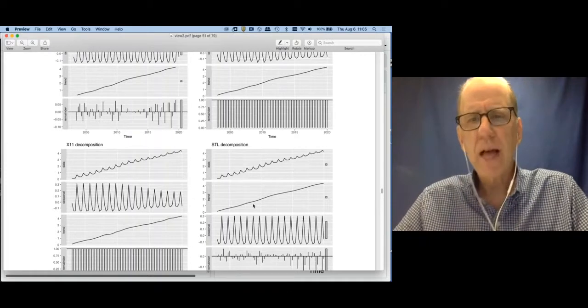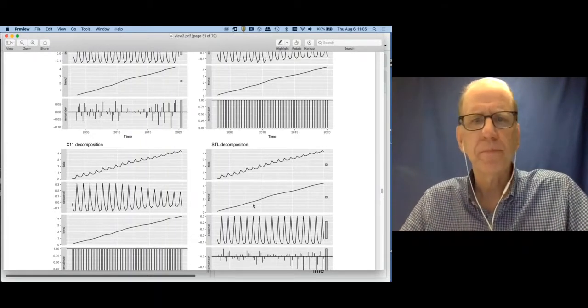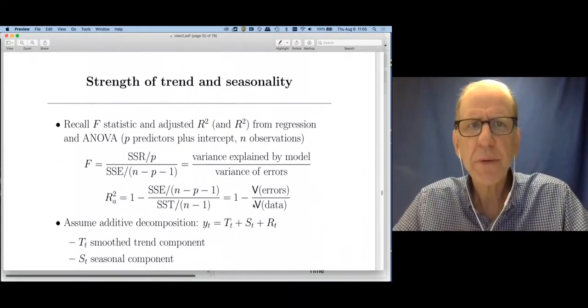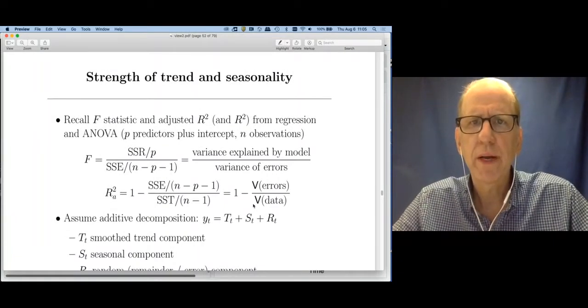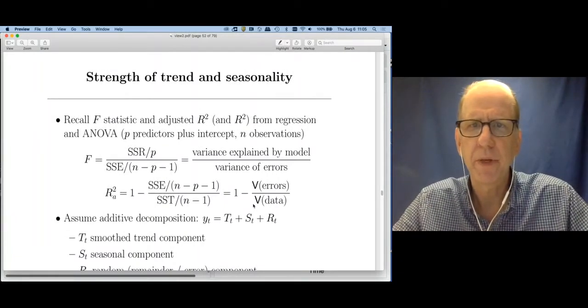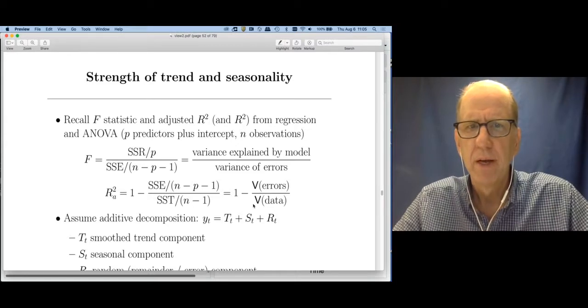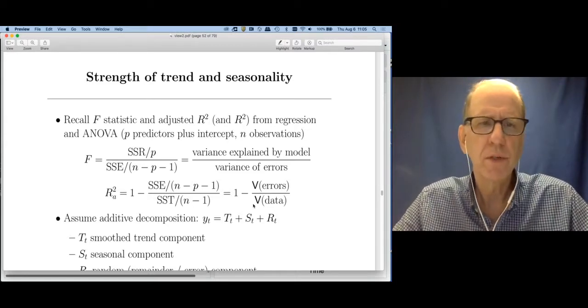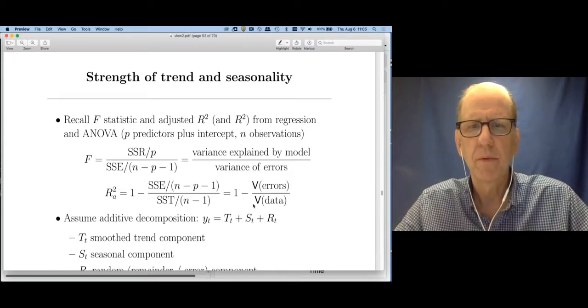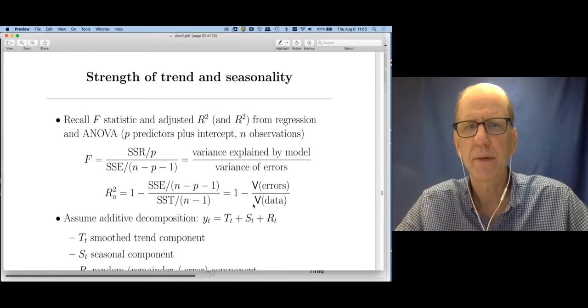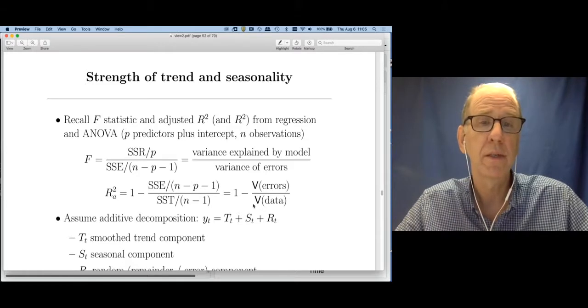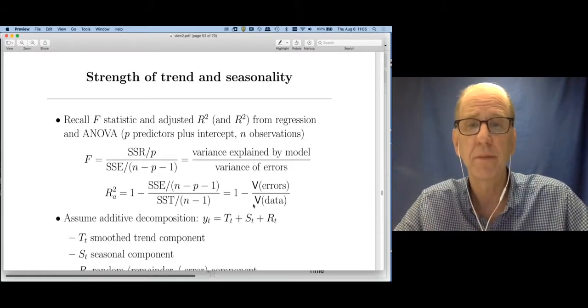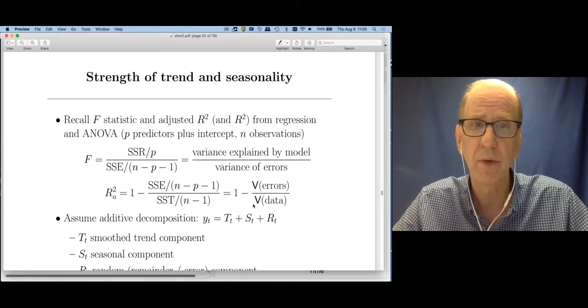All right, the last thing I want to talk about is, how do we measure the strength of trend and seasonality? In order to do this, I want to remind you of a lecture. I'll send out a link to this later, but I call it model accounting in the ANOVA table.